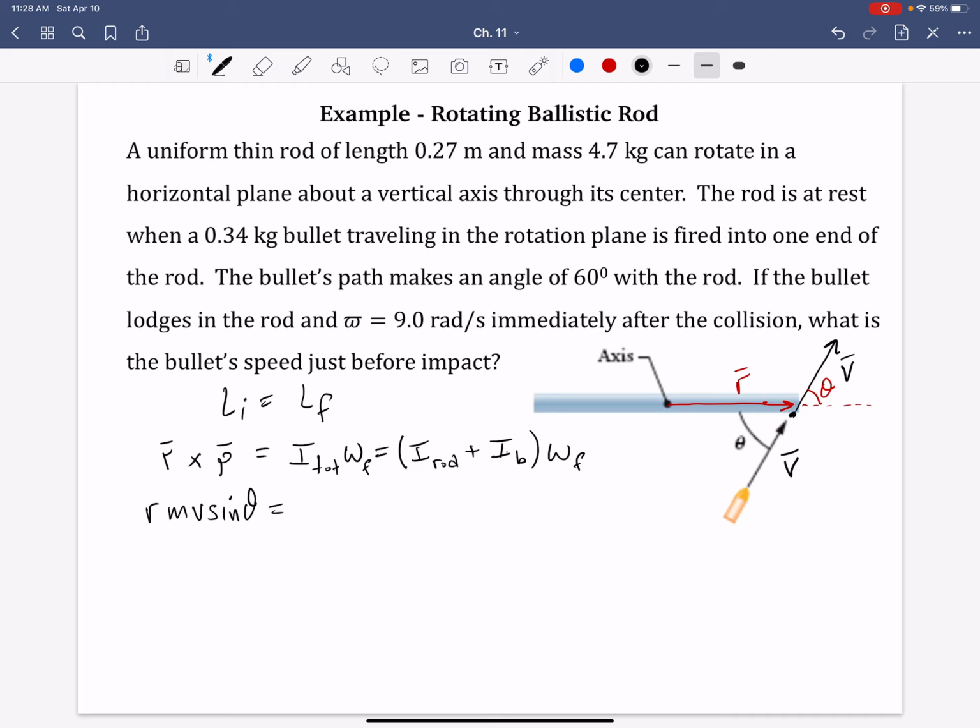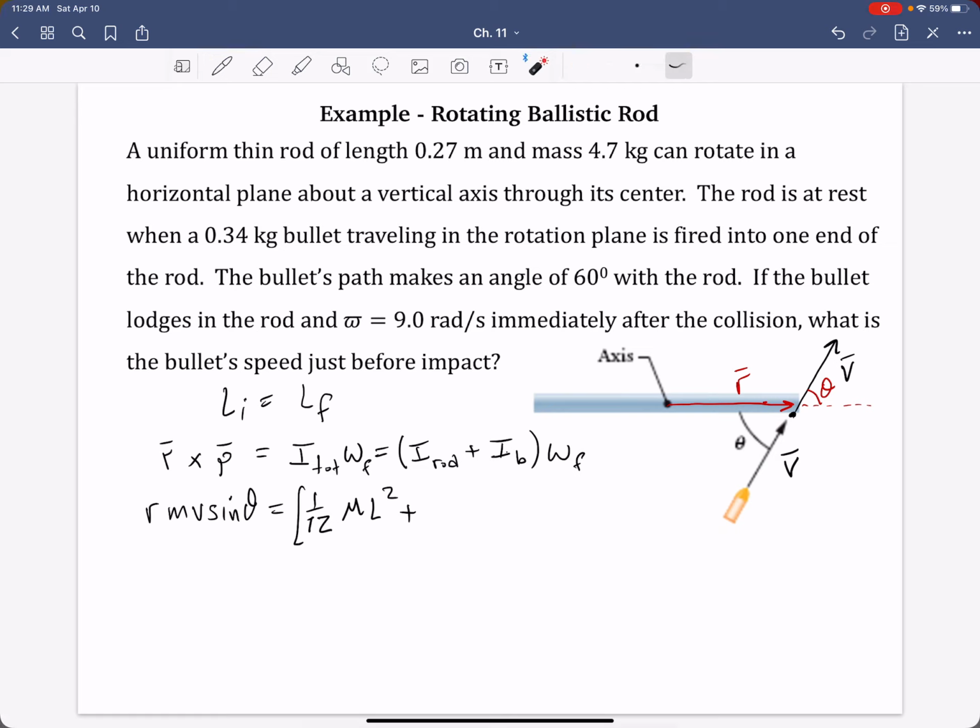Afterwards, the moment of inertia of a rigid rod rotating about the center, if you look back at your table in chapter 10, should be 1/12 times the mass of that rod, capital M, times L squared, plus the moment of inertia for the projectile, which can be effectively assumed to be a point particle.